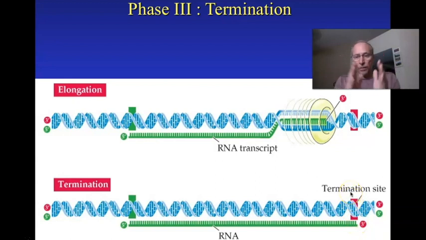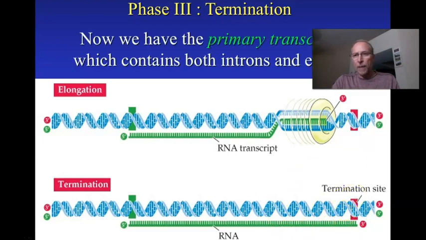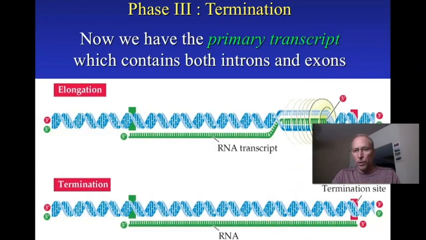Once the transcription complex gets to that sequence of A's, we call that a polyadenylate sequence, an enzyme comes and cuts the messenger RNA away, and the transcription continues, and it just continues on until eventually it stops somewhere downstream. But the messenger RNA will stop at that sequence of A's. And then it gets a little bit more processed by mechanisms which we'll talk about in the next lecture, but that's what happens to make this what we call the primary transcript.